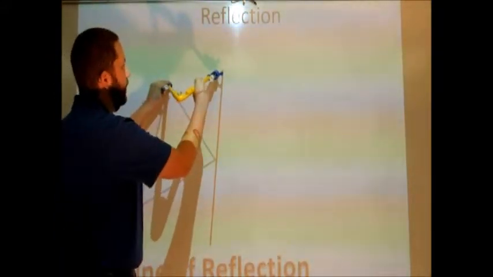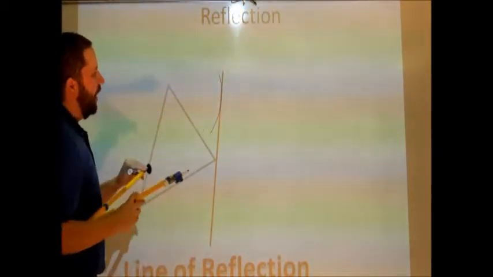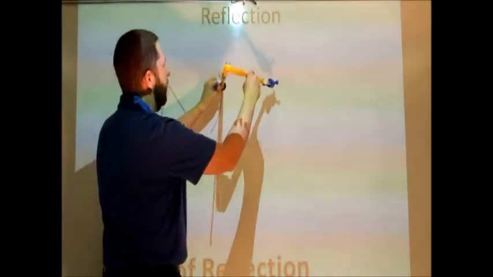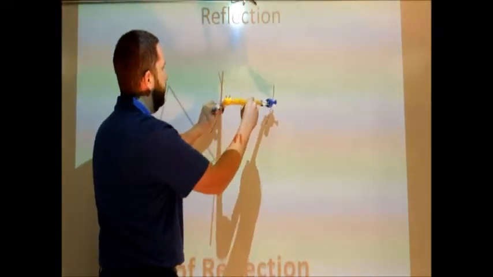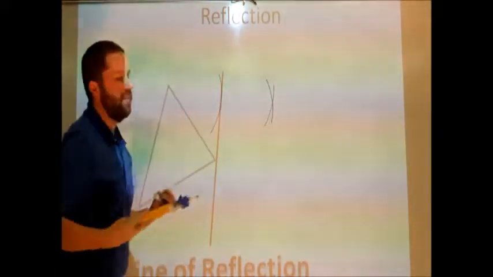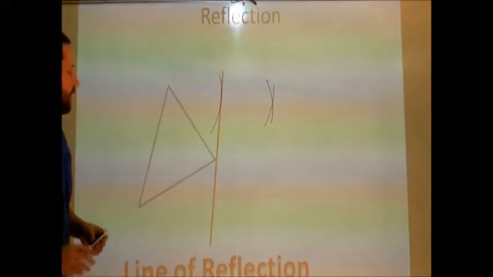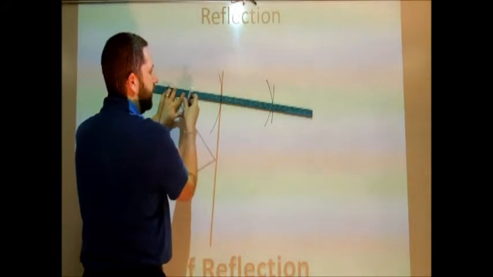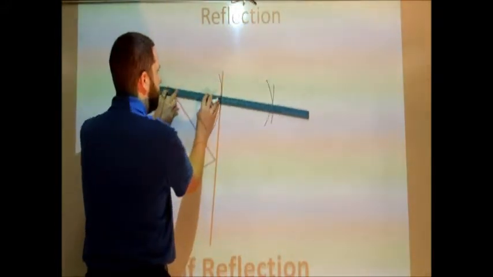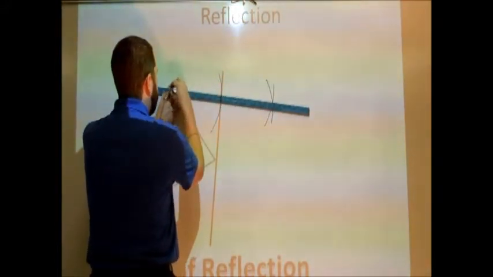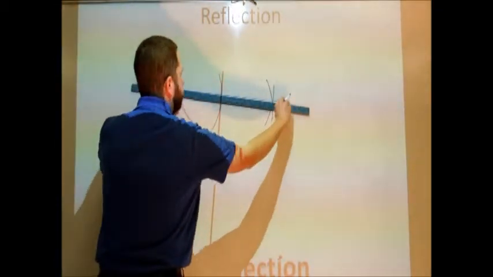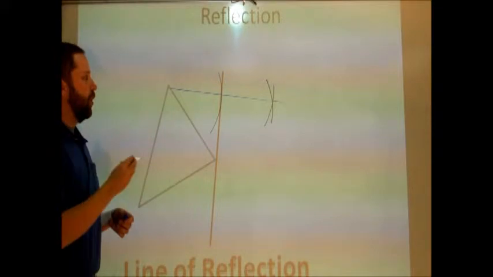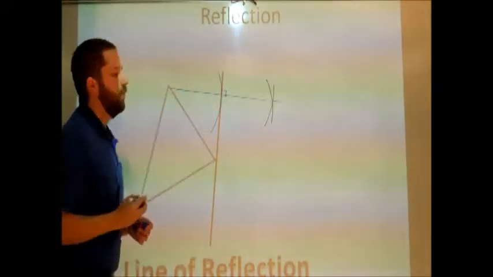How I do that: I make an arc that goes through the line twice, and then from each intersection I make an X out in front of my line, and then connect my point with my X. And that's going to be a perpendicular line to my line of reflection.